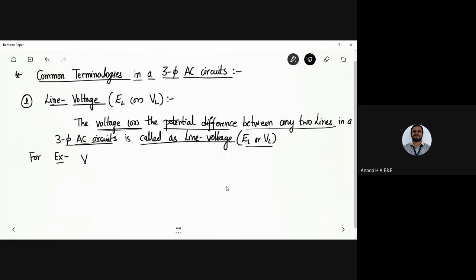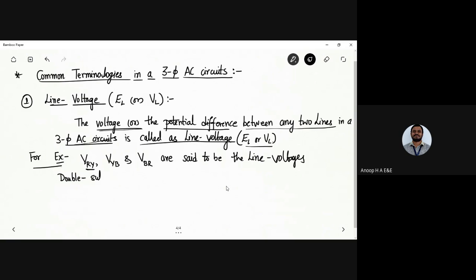So for example, let me write down here: VRY, VYB and VBR are said to be the line voltages. These are the double subscript notation that we are going to use.